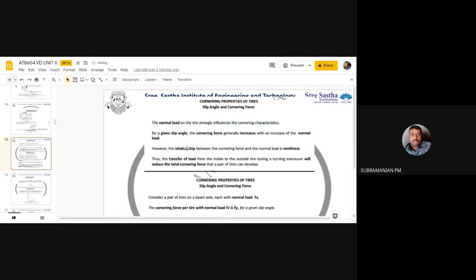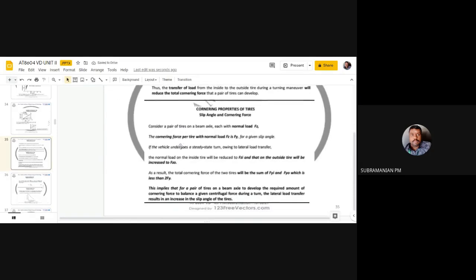Let me delete that sketch so you can see. We have a pair of tires on an axle, which will develop the required amount of cornering force. When I make a turn, why is there a reduction in cornering force? Because some amount of force has gone to balance the centrifugal force during a turn.